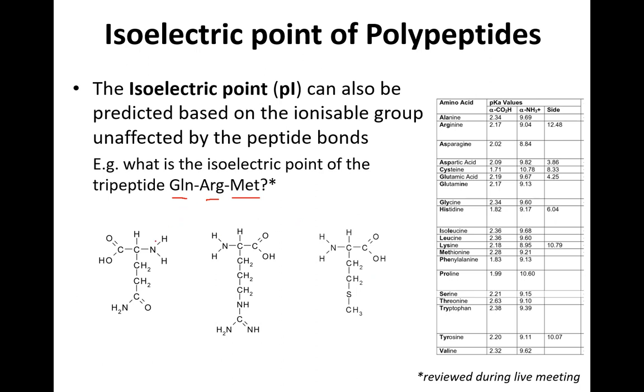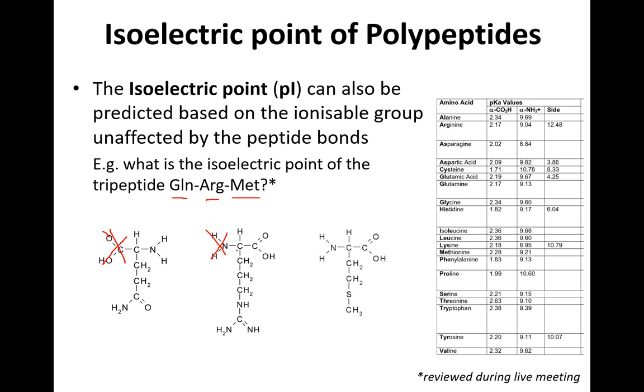First thing you should do, obviously, is exclude the groups that are involved in the peptide bond. So in this case, the peptide bond will be between these carboxyl groups, so the pK for this group will be excluded, right? Same for this, involved in that bond, and the same for this one, right here.